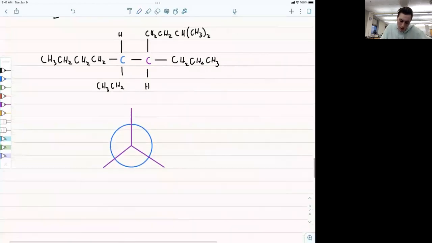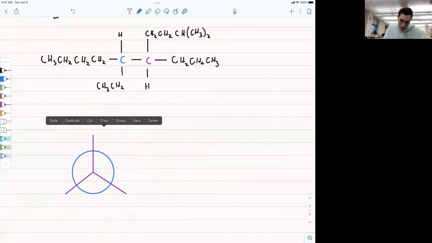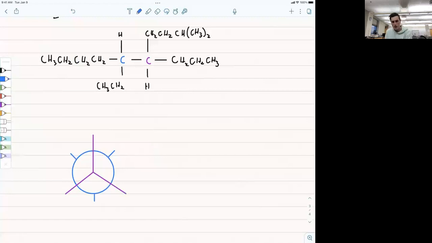Now I have to find, and I'm drawing the most stable. I drew a gauche conformation because I want this to be the most stable, and gauche is more stable than being eclipsed. So in this conformation, I want my bulkiest groups to be anti from each other. I think about it as a big scale.